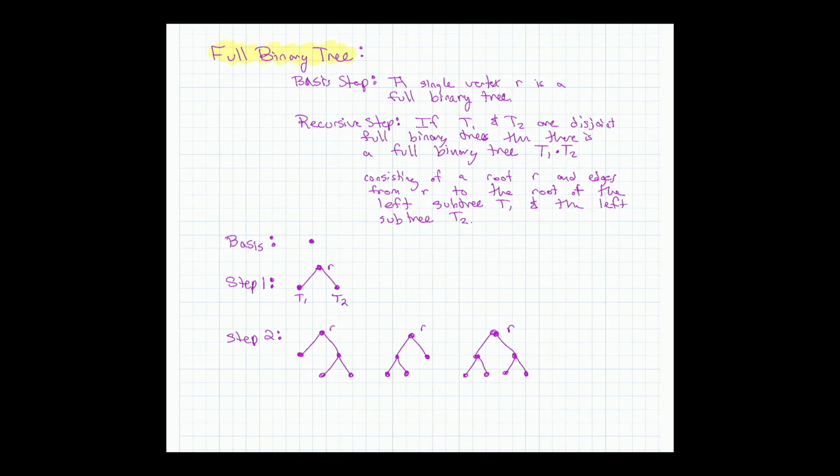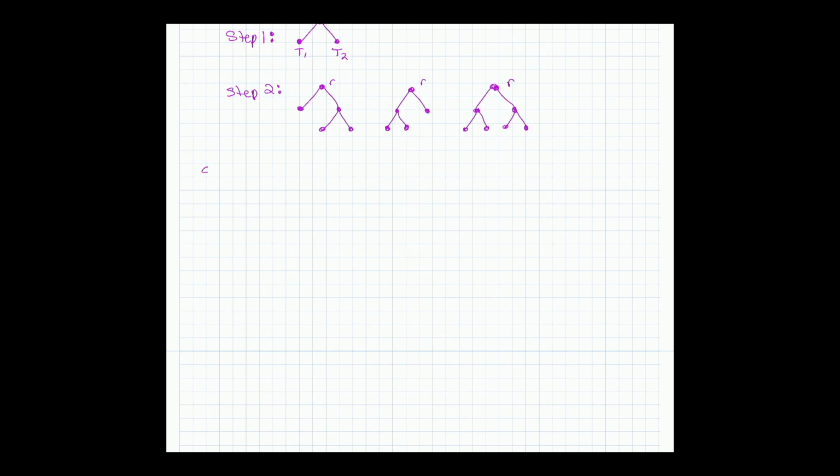So, for example, if I draw a couple of trees here, this one right here would be an extended binary tree, but not a full binary tree.